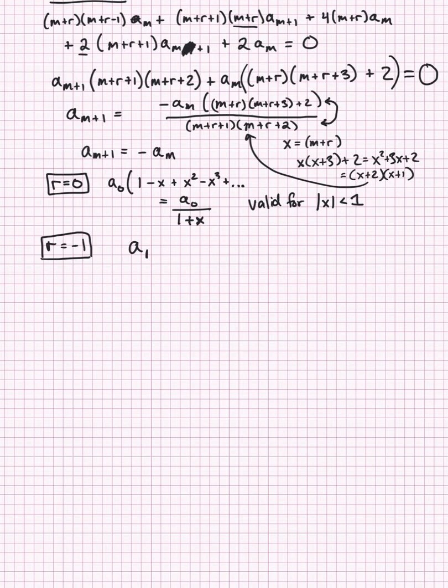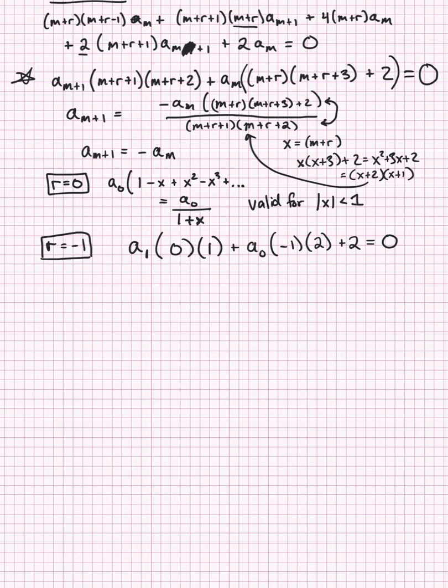So for a1, now I'm plugging in r equals minus 1 into this equation, I get a1 times 0 times 3, or 1, it doesn't really matter, plus a naught times minus 1 times 2 plus 2 is equal to 0.